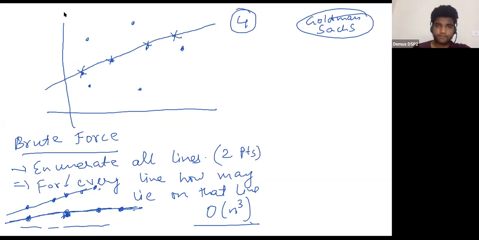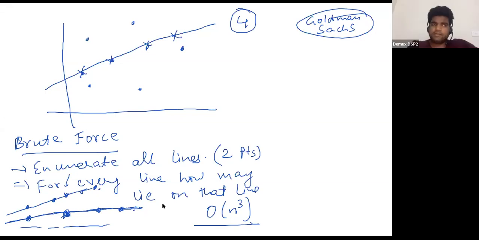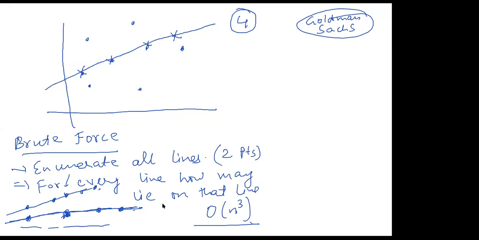But yeah, you're right. We can fix 2 points and make a line, and then for every other point check whether that triangle sum is 0 or not. If the point lies on the line, that sum is 0.